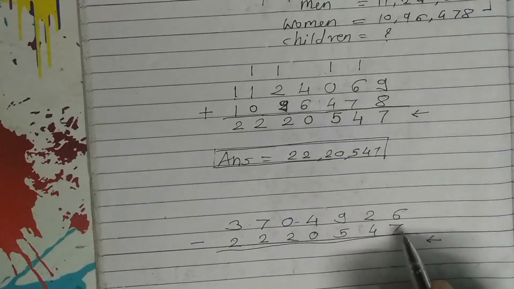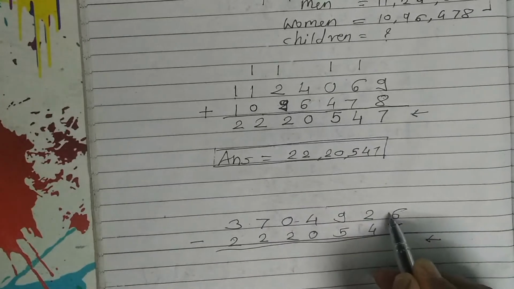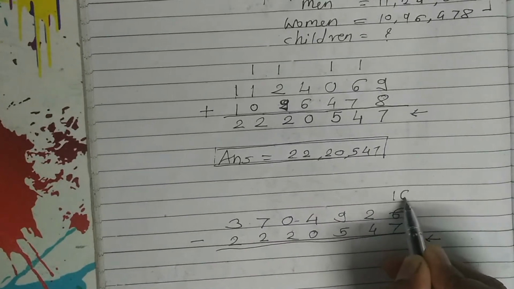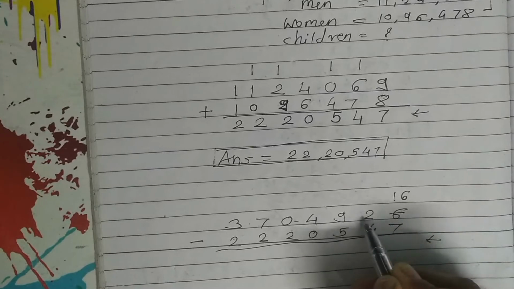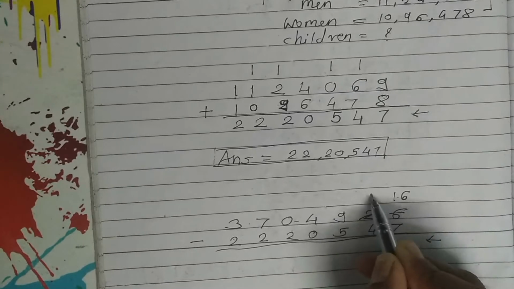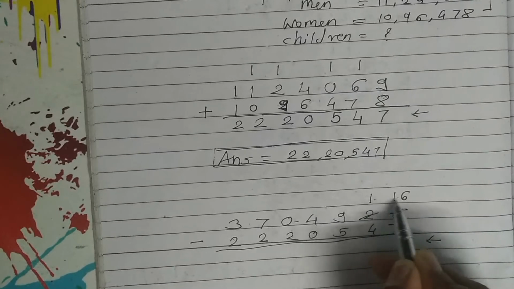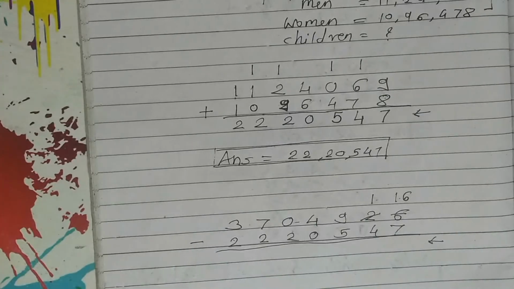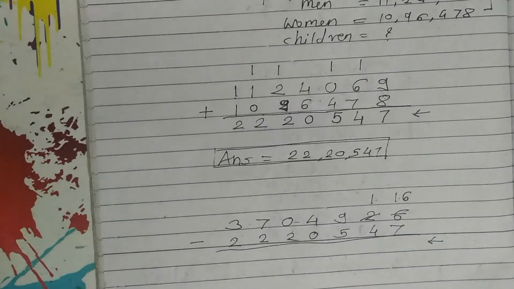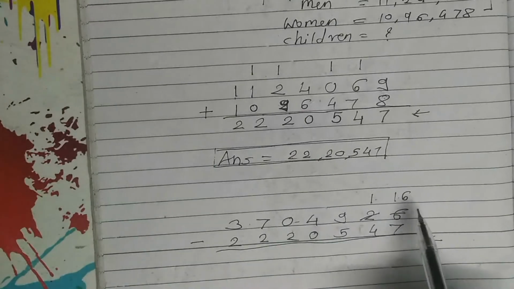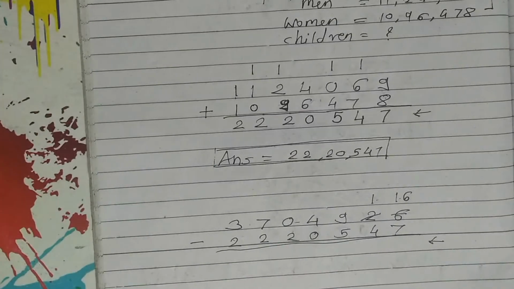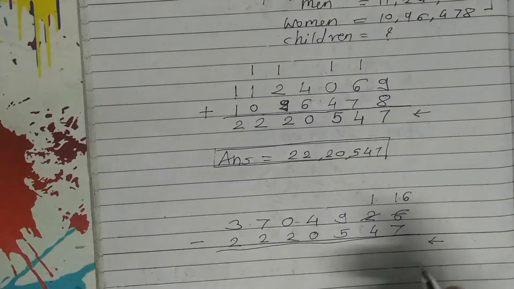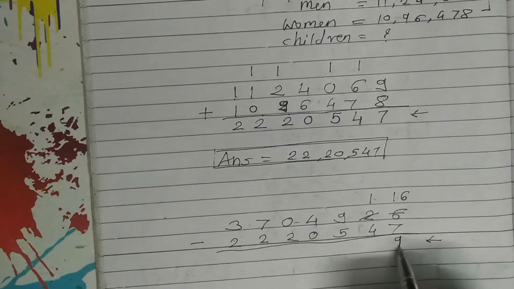So this 6 minus 7, if not possible, this 6 becomes 16 by borrowing 1, and this gives 1 here, so 2 becomes 1. Do this first. Here only complete the borrow giving work of the 2 digits and then do the remaining. 16 minus 7, write remaining answer here as 9.